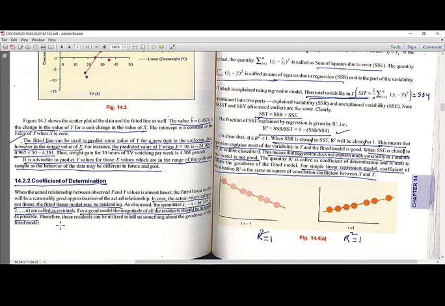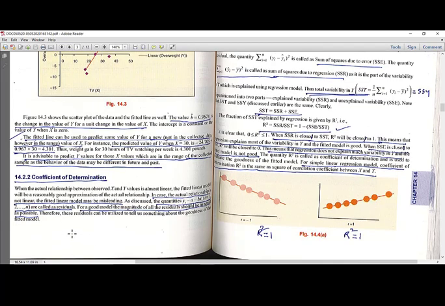Now let us come to the coefficient of determination. When the actual relationship between observed x and y values is almost linear, the fitted linear model will be a reasonably good approximation of the actual relationship. In case the actual relationship is not linear, the fitted linear model may be misleading.